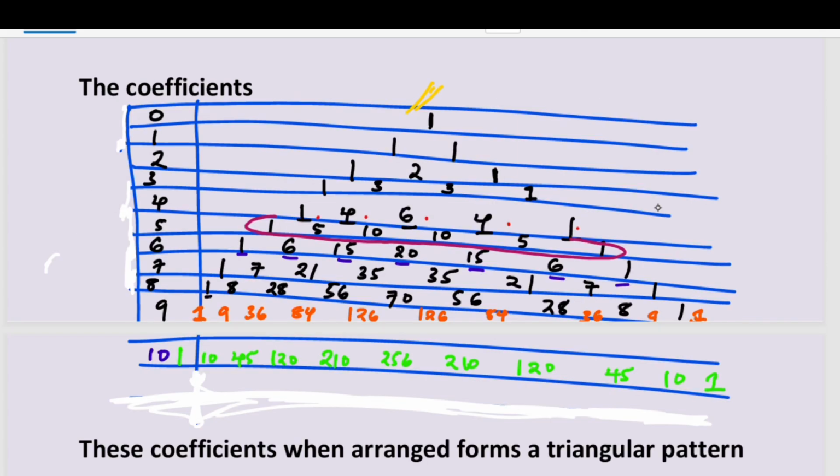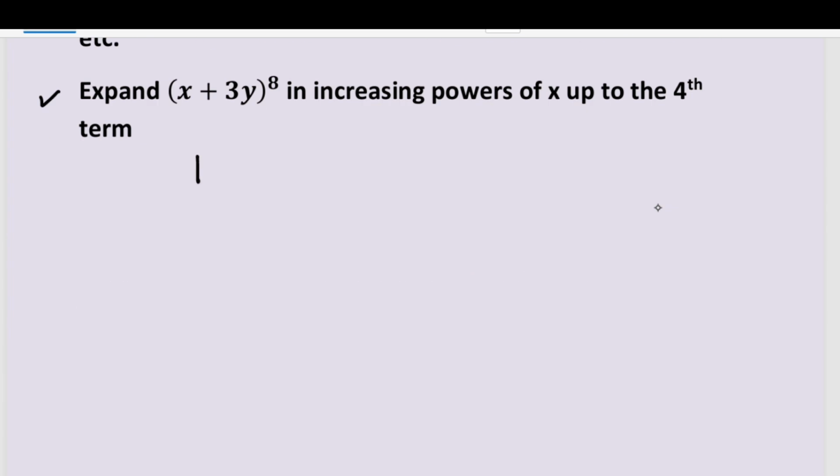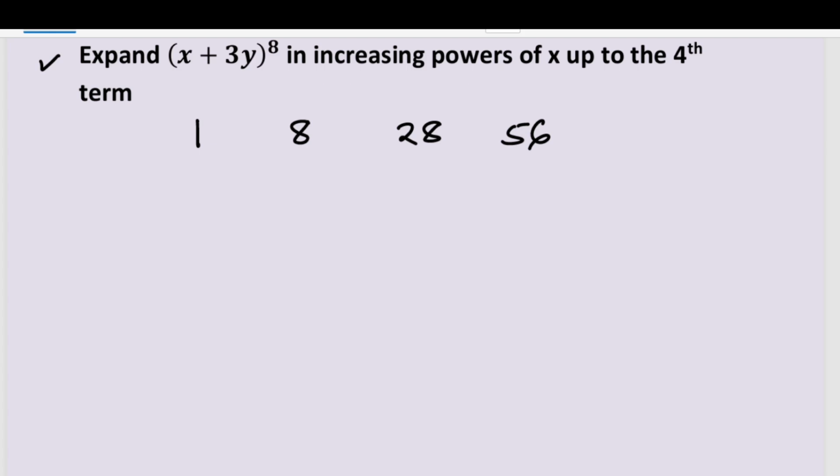So the coefficients are 1, 8, 28, 56. The first term has 1, the second term is 8, the next is 28, and the next is 56. So we're going to pick 1, 8, 28, and 56.